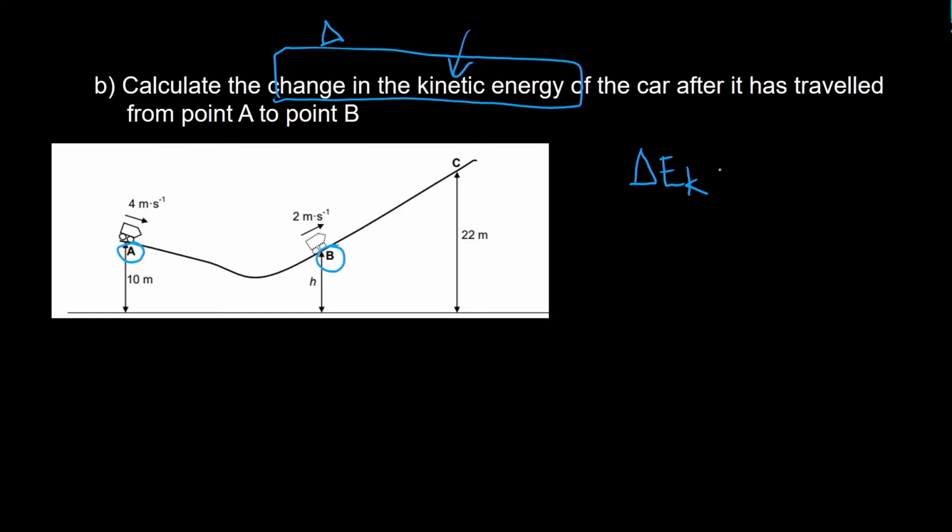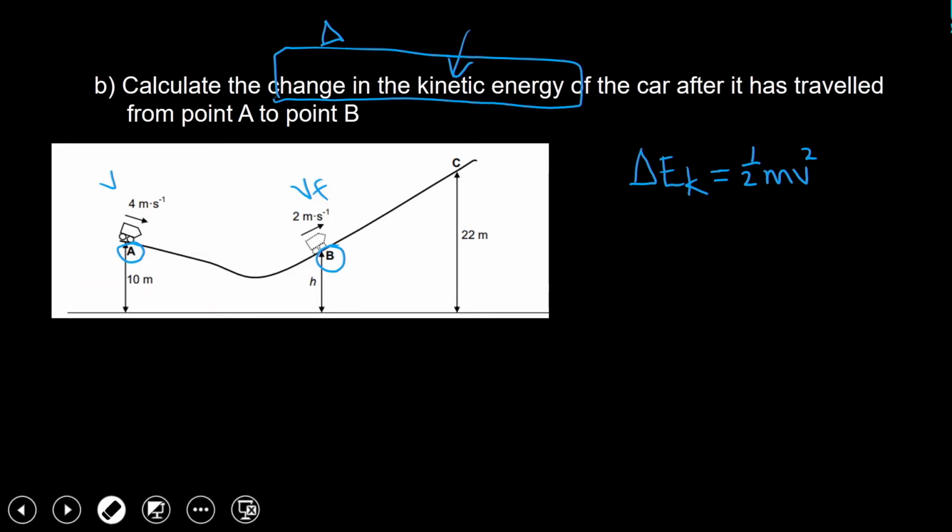So what is the formula for kinetic energy? Well, it is a half mv squared. So what is the change then? It would be from the final velocity to the initial. Let me just rub that out so we don't confuse ourselves.